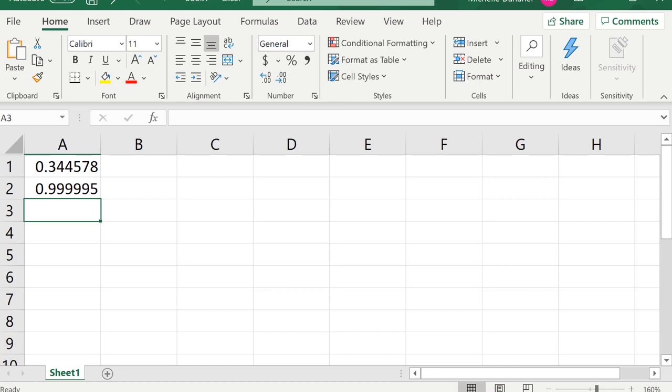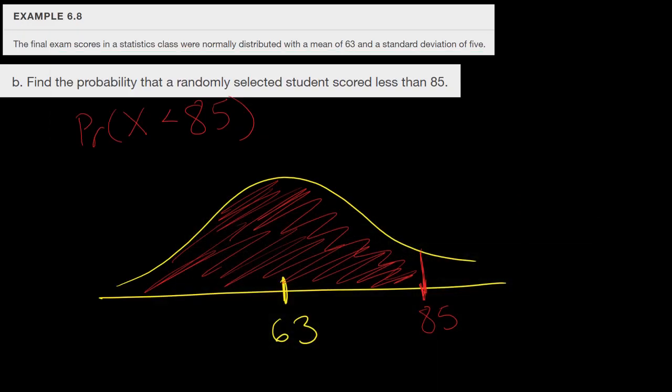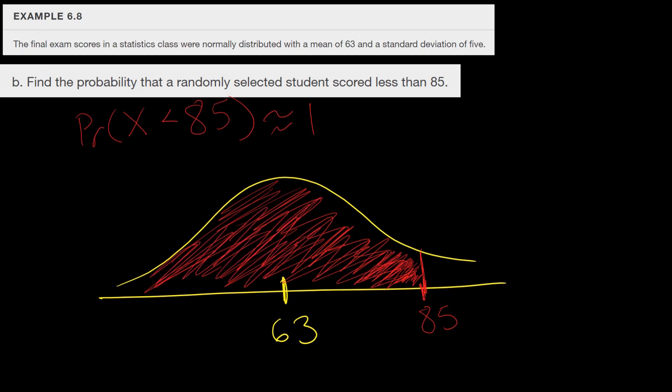If I were to round that, that's almost 1. It's approximately 1. It's not exactly 1, but it's a little bit less than 1. Why is it almost 1? Because 85 is a pretty high score for this distribution, and almost the entire total list of possible other exam scores is less than 85.